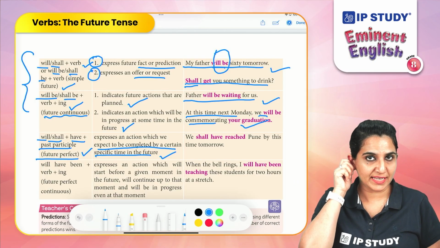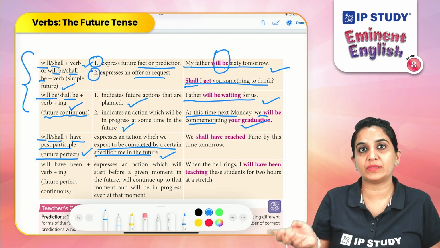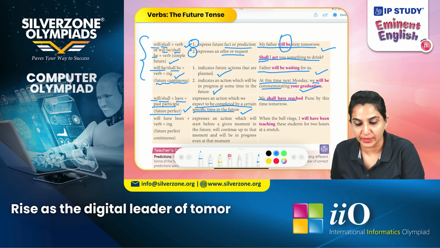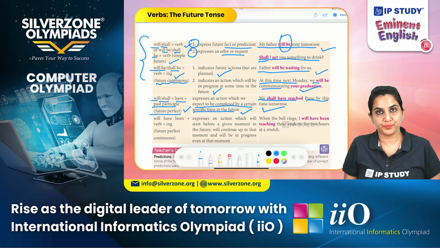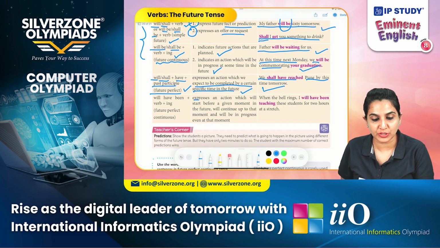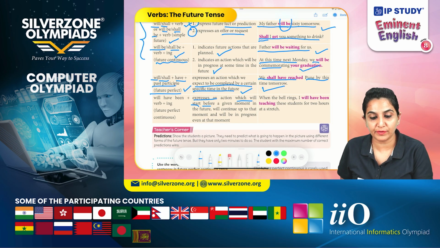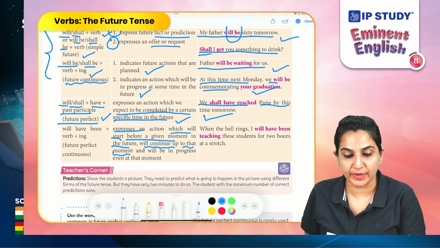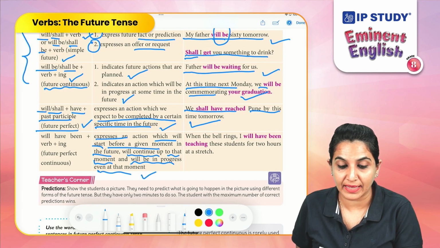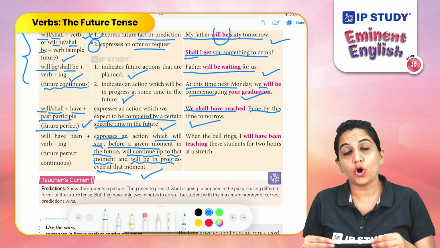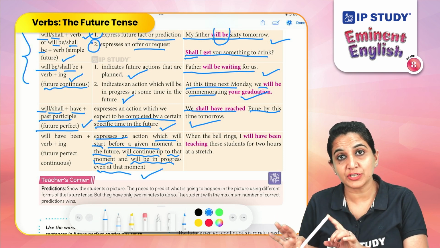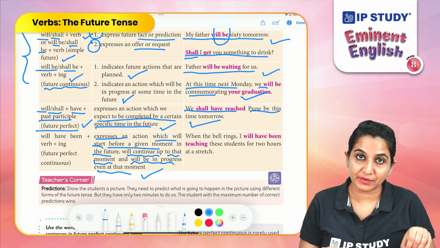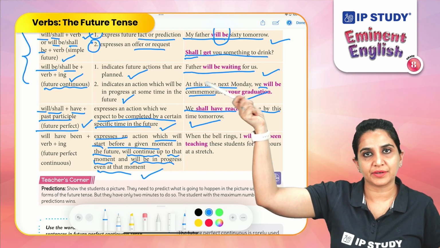For the future perfect tense, we use will or shall along with have and the past participle verb. For example, we shall have reached Pune by this time tomorrow. Similarly, to express an action which will start before a given moment in the future, will continue up to that moment, and will be in progress even at that moment, it has a relationship to that future moment, but it started before a given time in the future and will be continually in progress.